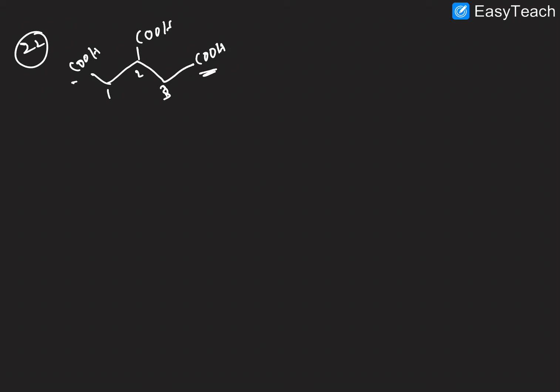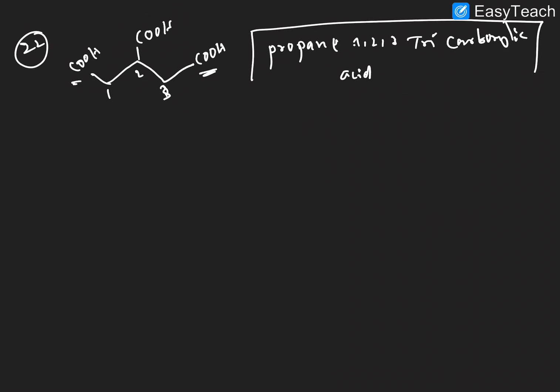This is the chain carbon. We need not give the carboxylic acid carbon a number. So now what is the name here? Propane 1, 2, 3. How many acids are there? 3. That is tricarboxylic acid. So this is the name of this compound.